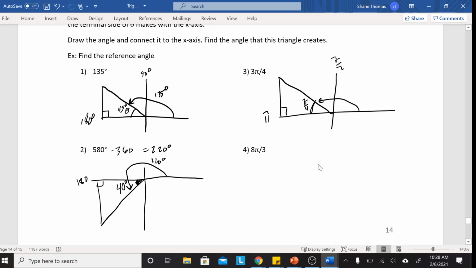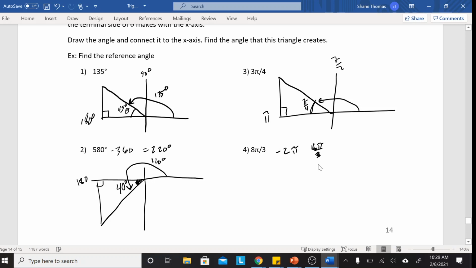Okay, last one, 8 pi over 3. Okay, that's bigger than 2 pi, so I want to subtract 2 pi off of that. 2 pi would be 6 pi over 3.